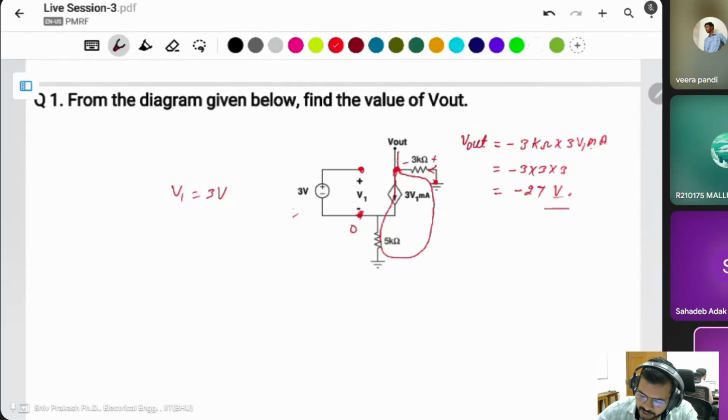Same thing if the direction is reversed, the value is the same, but the sign will be changed. It will be a positive sign. V out will be positive, but in this case this is the negative V output.